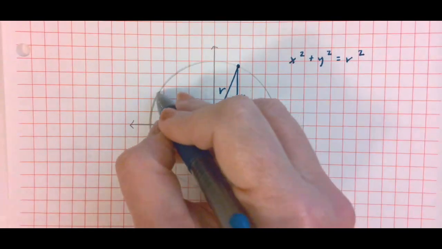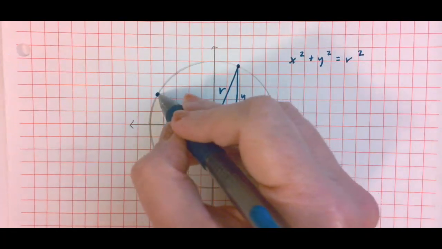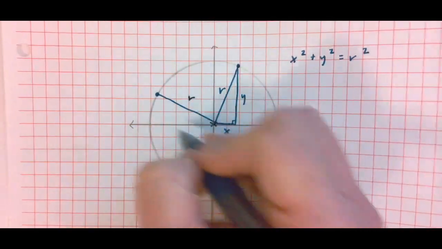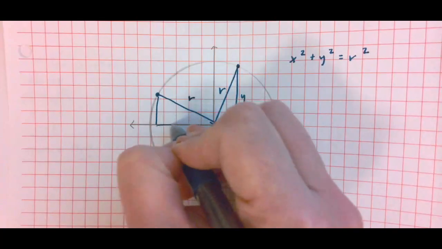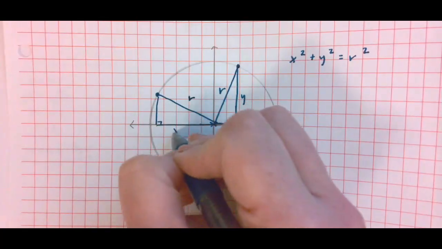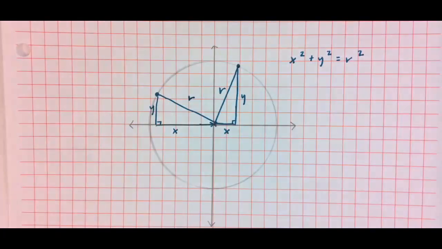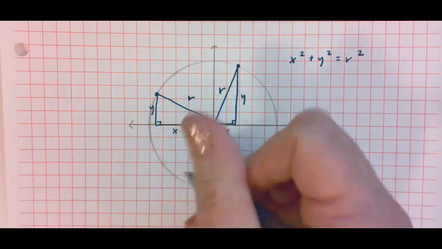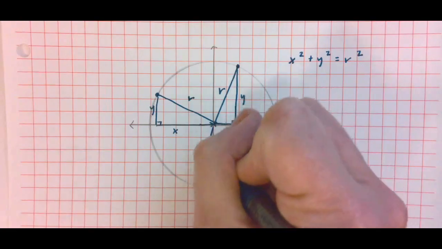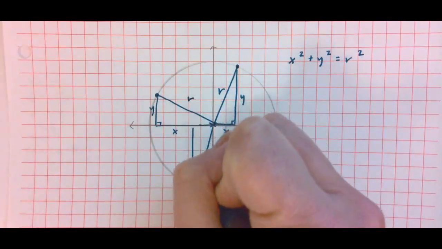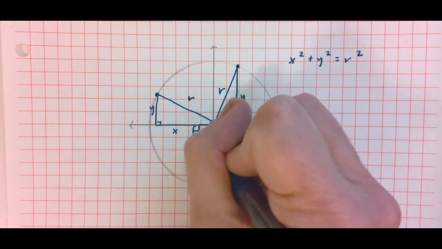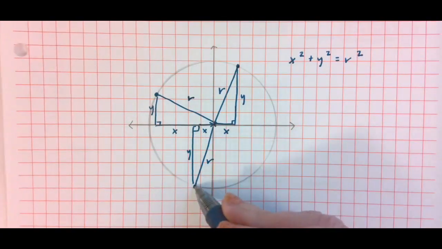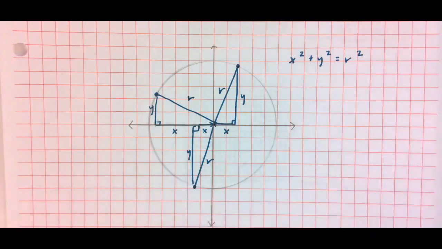Okay, but I can have another point over here. And if I connect it back to the center, that's still the radius. But I can see that I have a different x and y value that are joining together to still produce the same radius. I could put a point here, make a radius, visualize the right triangle with a different x and y coordinate that gets me to this point right here with this radius right there.